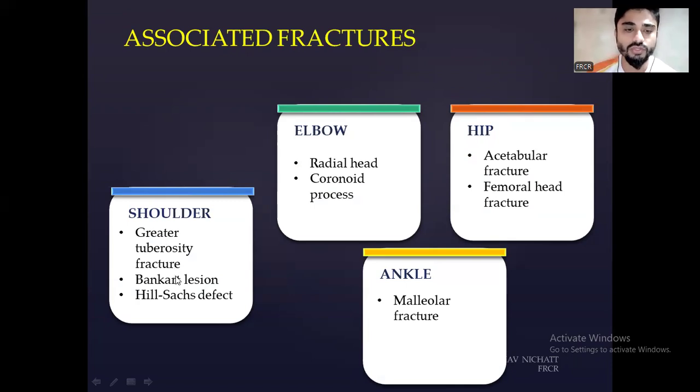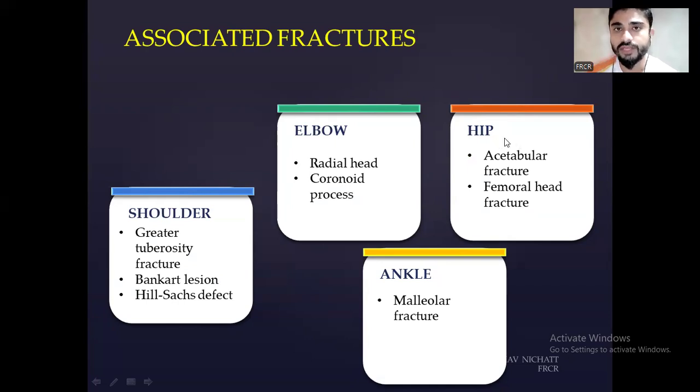And in shoulder dislocation cases, the majority of the time there will be a Bankart lesion and a Hill-Sachs defect. On the radiograph, soft tissue Bankart lesions are difficult to identify, but if there is a large bony Bankart, then you can identify it. Okay, if you are dealing with elbow dislocation, you have to look for any radial head fractures or coronoid process of ulna fracture.